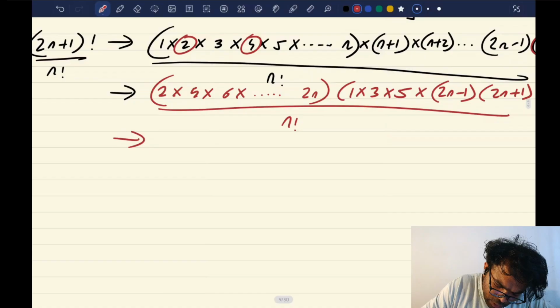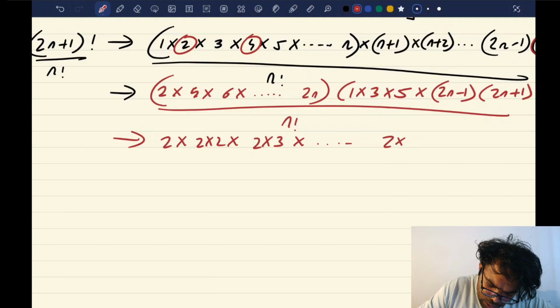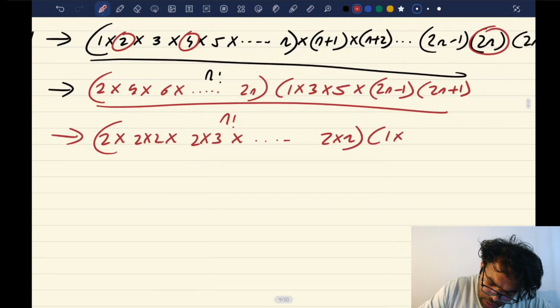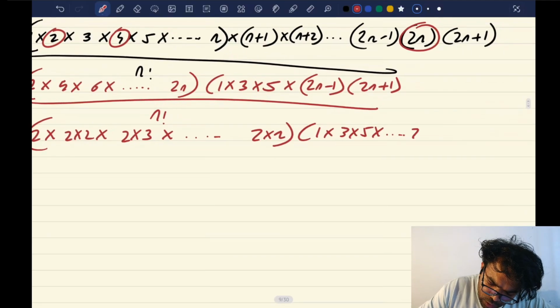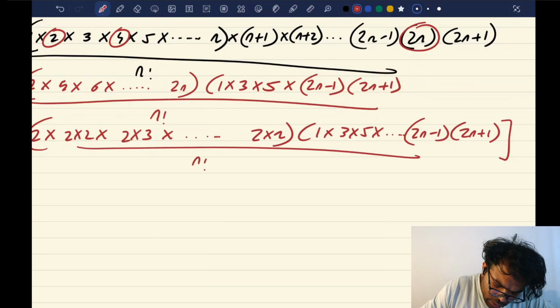I'll take the 2 out. 2 into 2 into 2 into 2 into 3 into dot dot dot 2 into n, 1 into 3 into 5 into dot dot dot 2n minus 1 into 2n plus 1 upon n factorial.